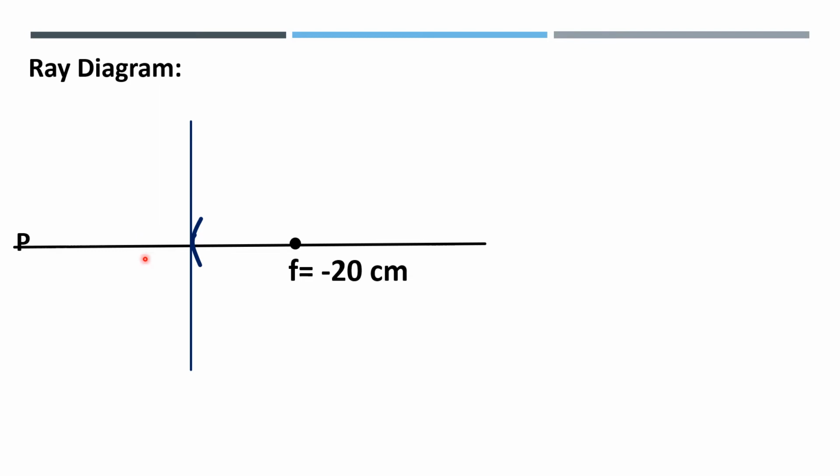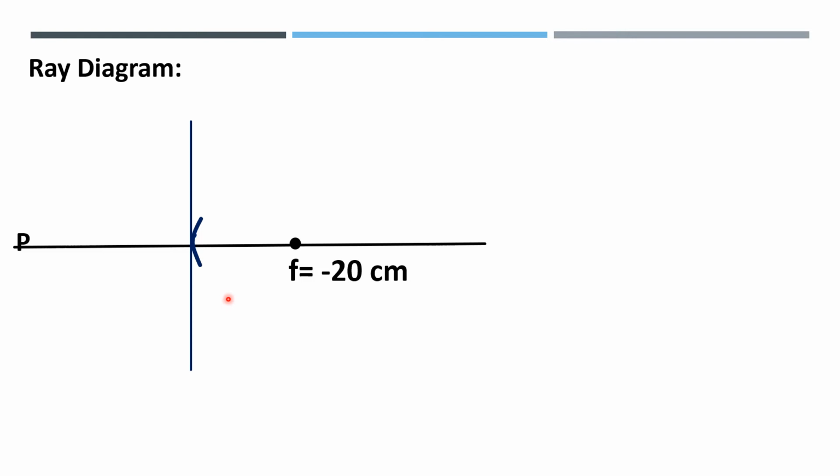For simplicity again, we assume that the vertex of the mirror is large enough, and this is represented by the vertical line. So again, you have there the principal axis, as well as the focus and the focal length of the convex mirror, which is given as -20 centimeters.